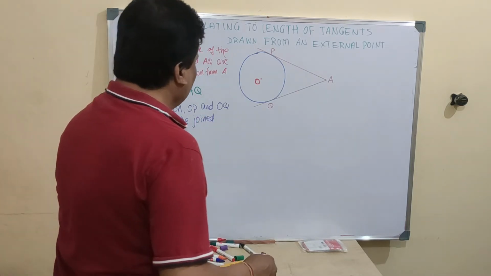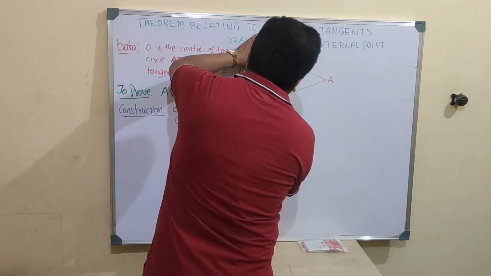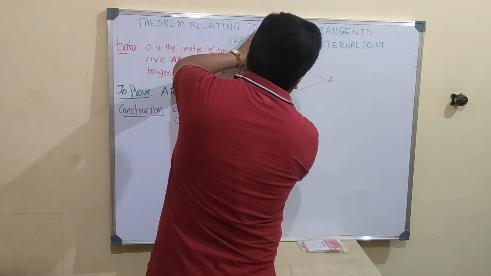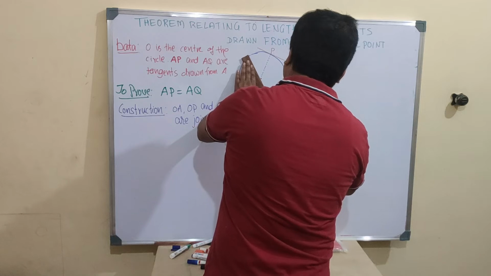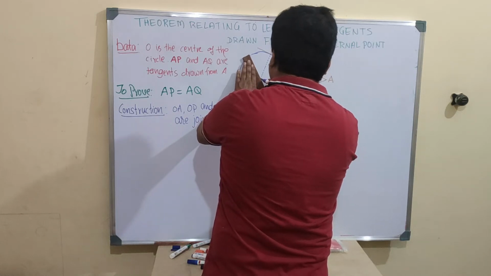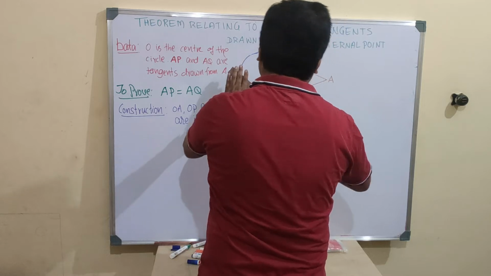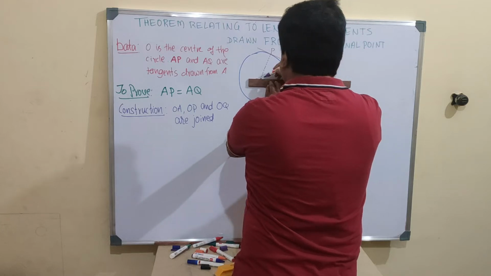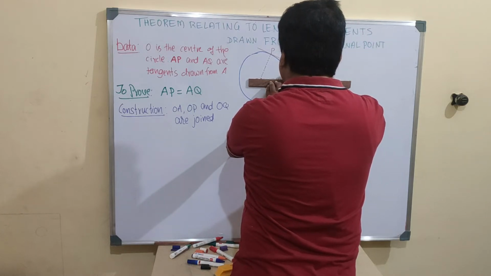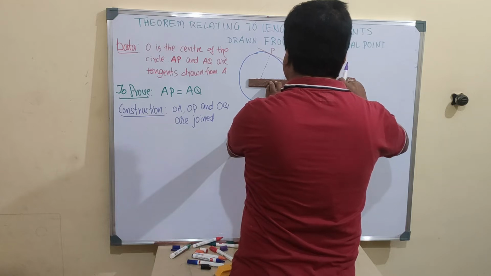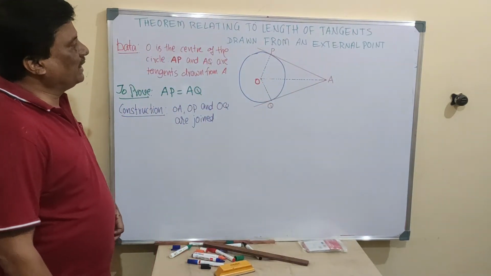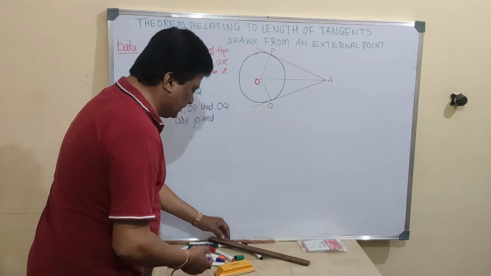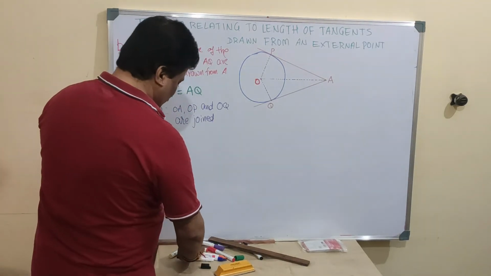Now let's join OA, OP and OQ. Now we are moving towards the last stage, that is the proof stage.